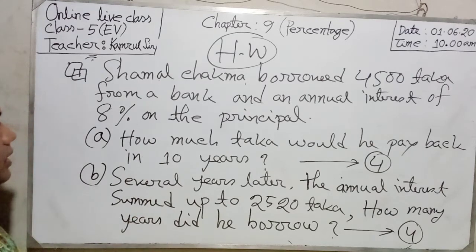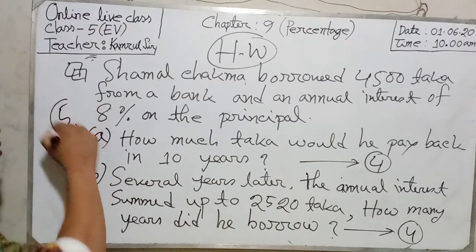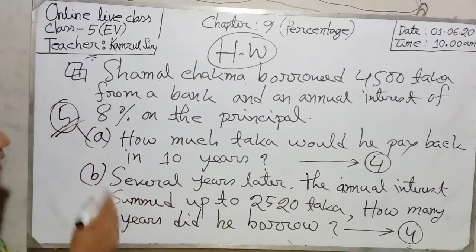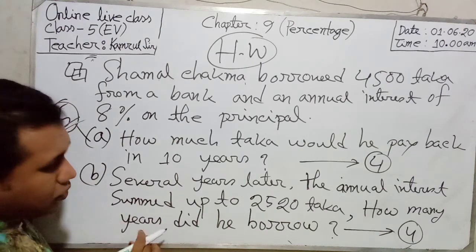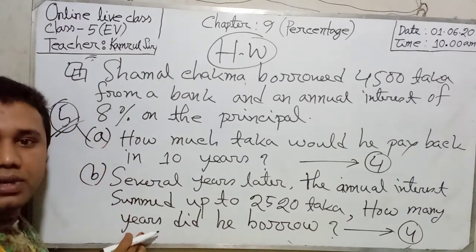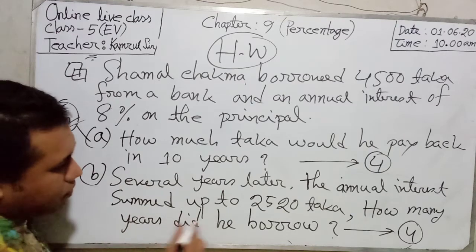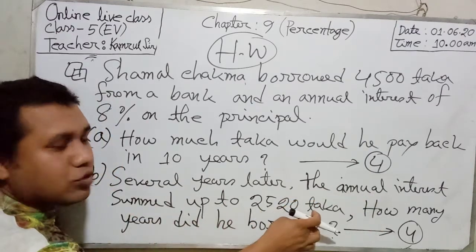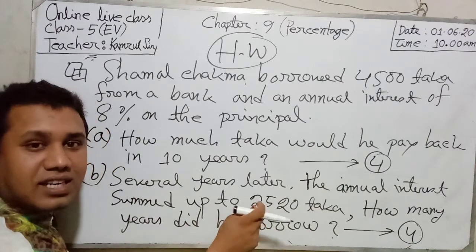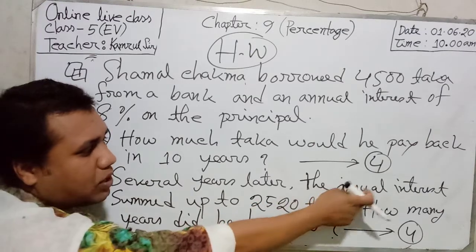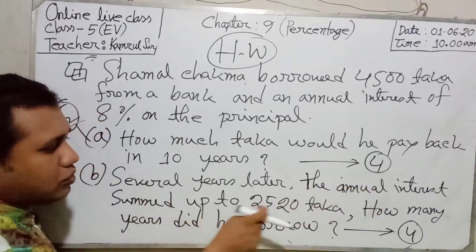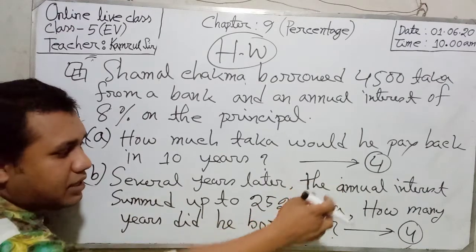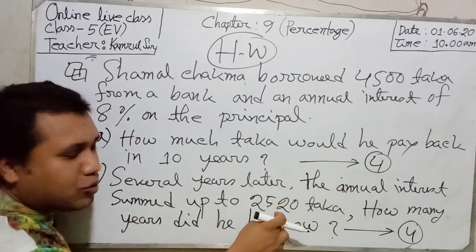This problem number A is similar to problem number 5 in the exercise, and in this one you have to find how many years, that means time. And now look, the annual interest summed up to 2520 taka. This is interest. That means interest becomes 2520 taka.